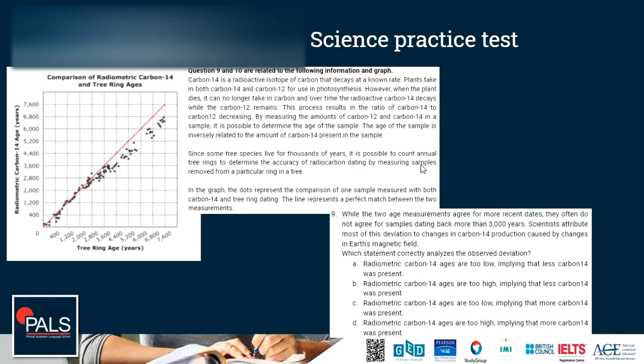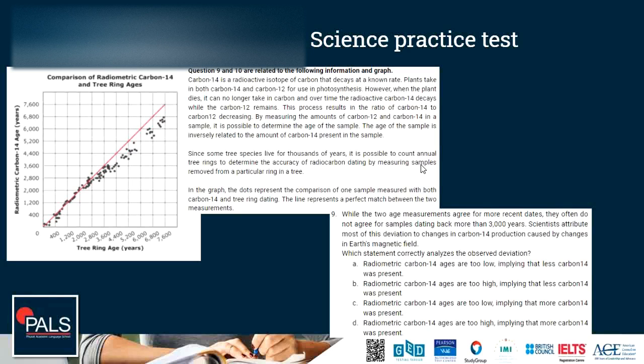Okay, it's going to be this old, and then we can count the tree rings and check our answer. Now the graph on the left side shows what we would expect if the carbon-14 method works perfectly. The dots should be on the red line. We can see that the dots are first on the red line, and then with increasing tree ring age, the dots get a little bit off.